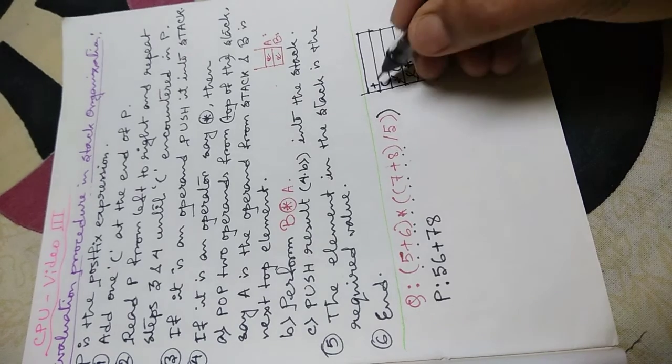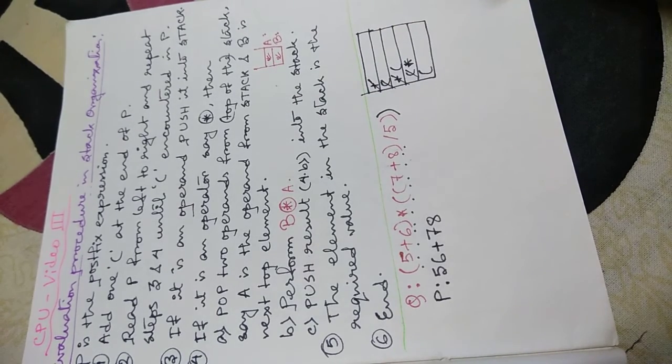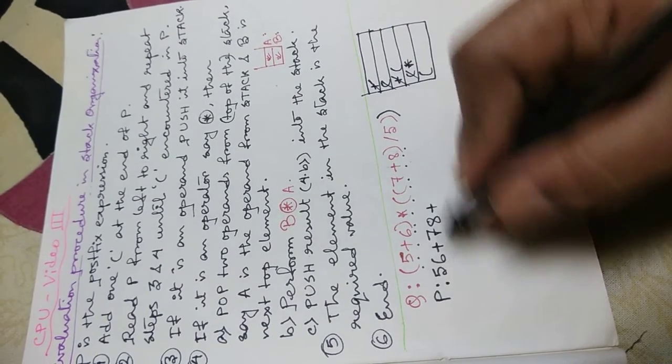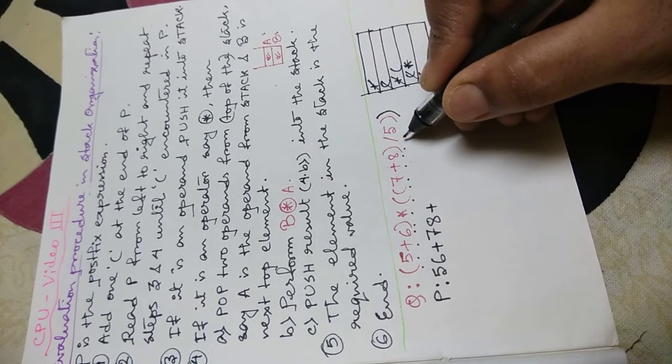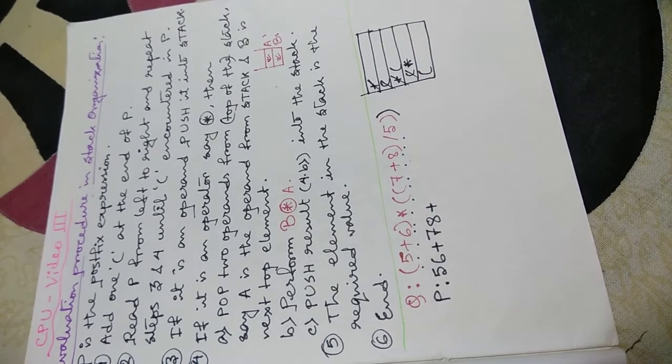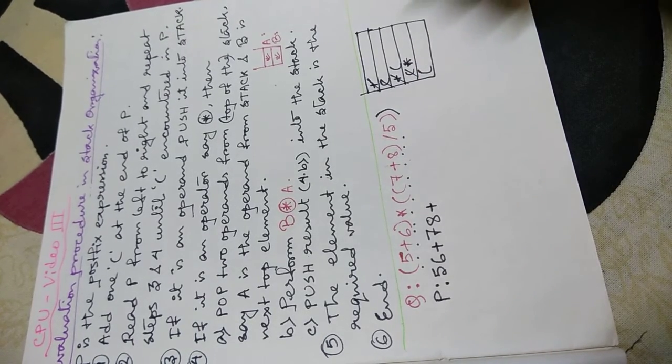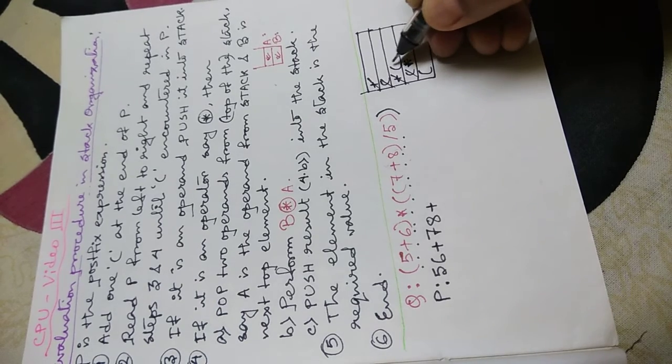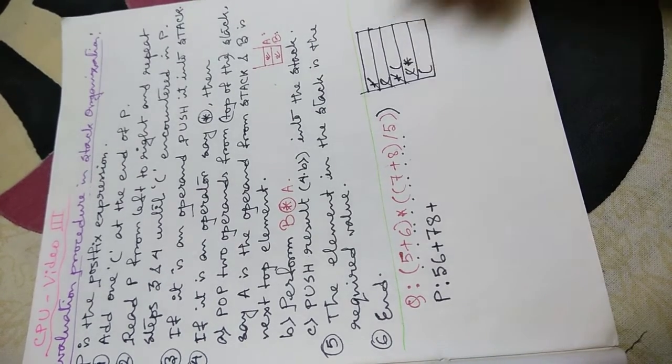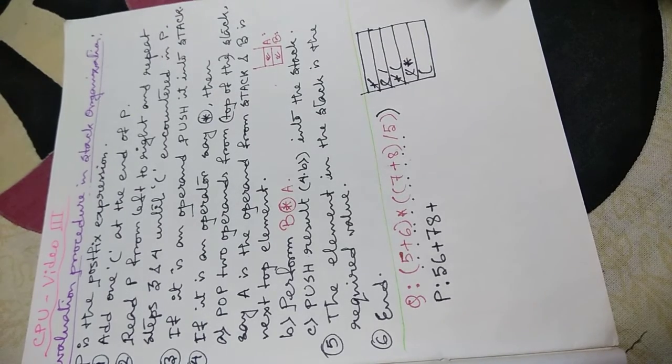Closing parenthesis, so plus will be added to P, and this opening parenthesis is removed. Next is slash, that is a division operator. So it is an operator. At the top of the stack there is an opening bracket, so no operator is there, push it into the stack.